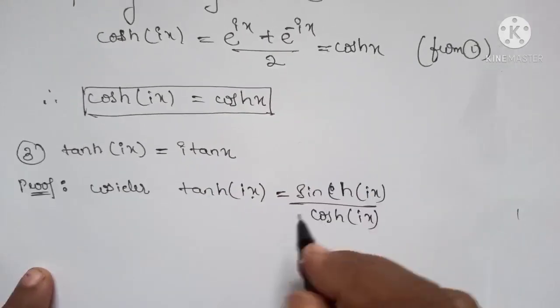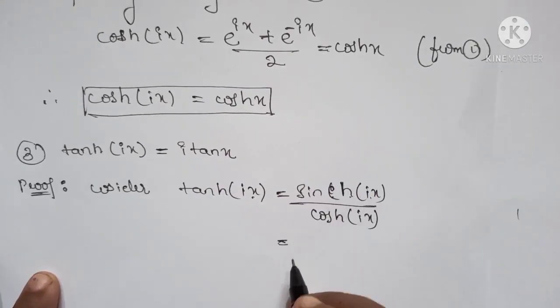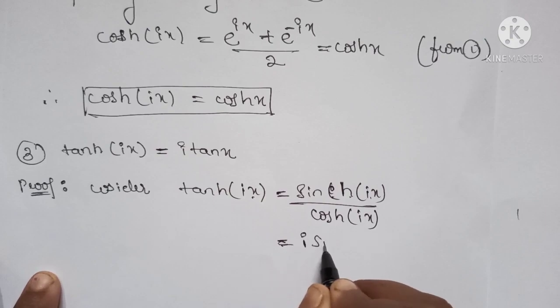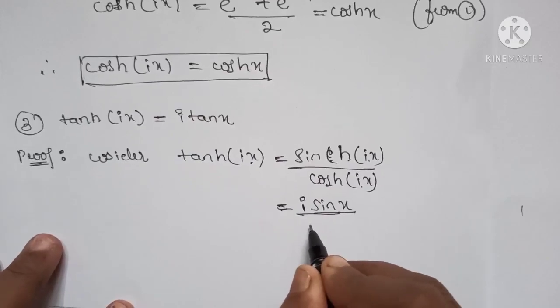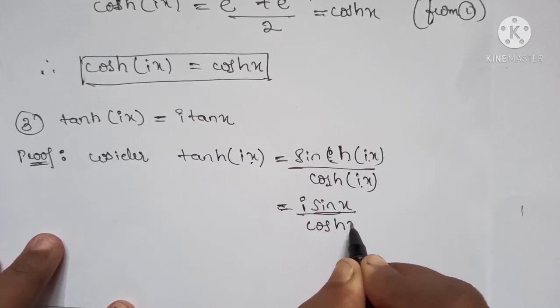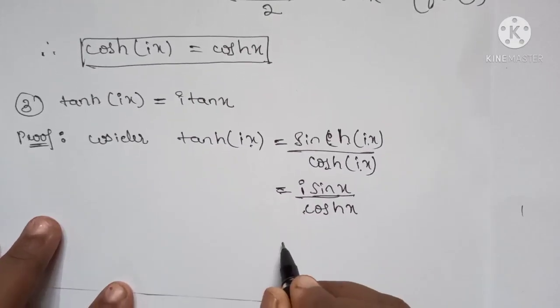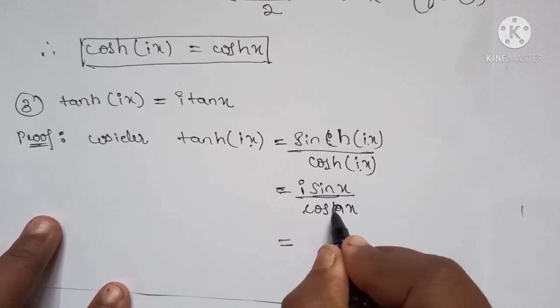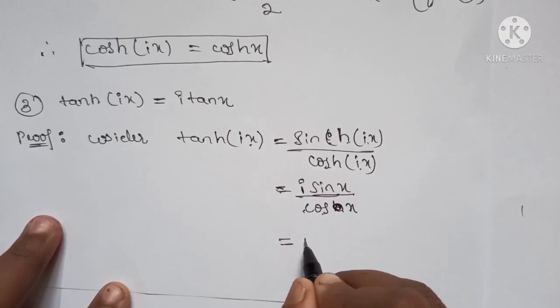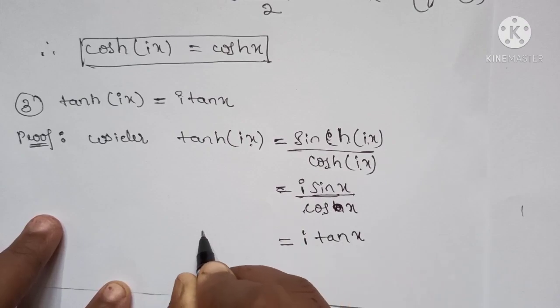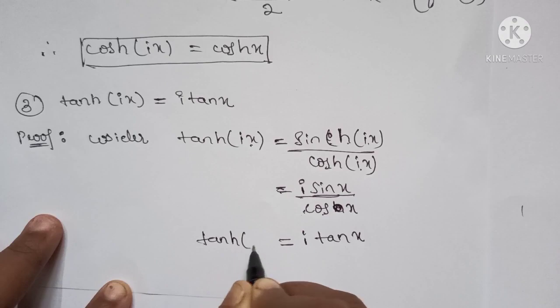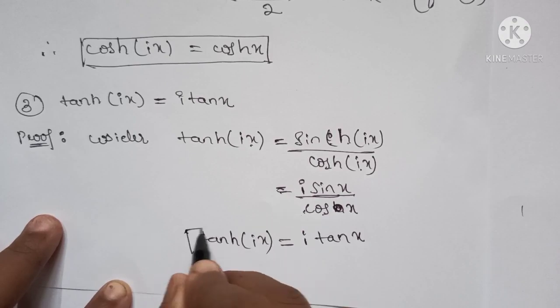Here we have proved that sinh ix can be written as i sin x, divided by cosh ix, which we can directly write as cos x. So here we don't get an i term in the denominator. Now i as it is, sin by cos, we get tan x. Therefore, tanh ix is equal to i tan x.